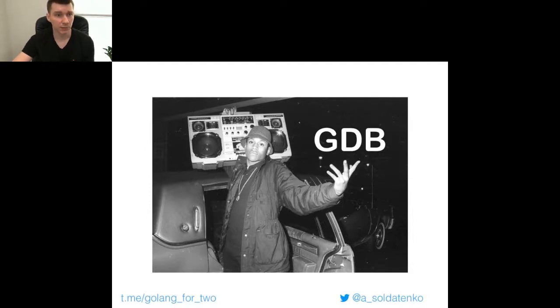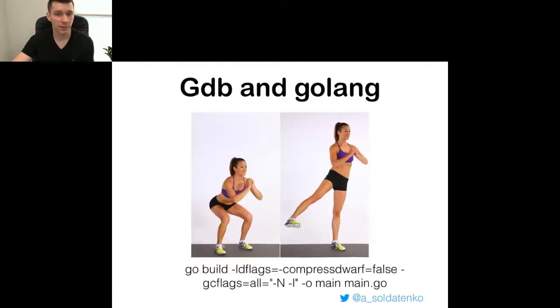GDB is the GNU debugger, which I'm pretty sure you may have used or heard of at least once. To run it with Go, you need to handle lots of nuances. I mentioned in my previous talk that first you need to build your binaries with specific flags.